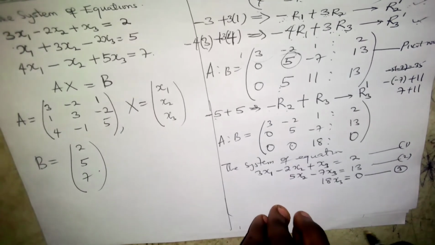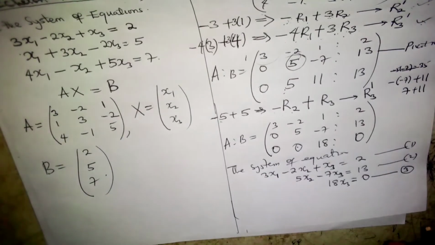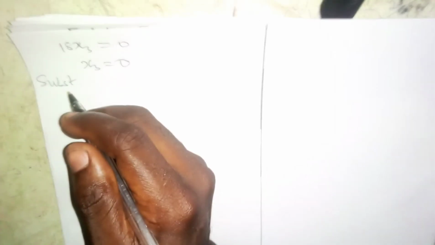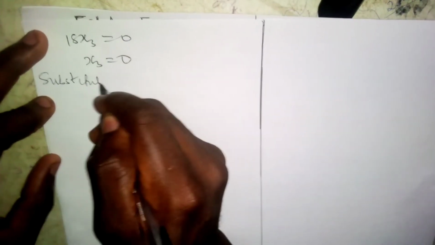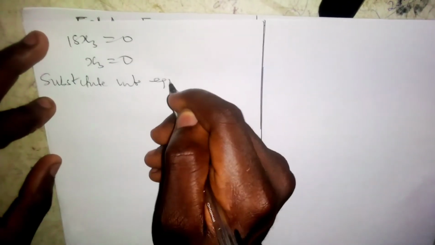Then using back substitution, we observe that 18x3 equals 0, then x3 equals 0. Now substitute this answer you just obtained into equation 2.